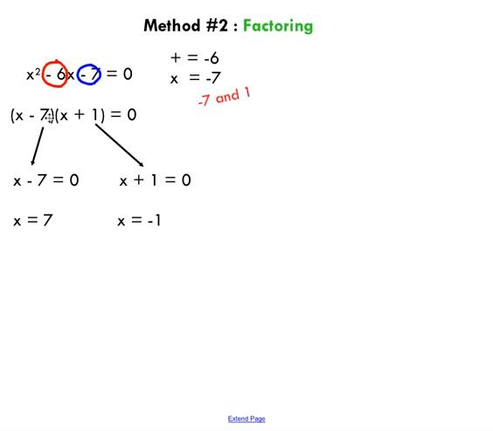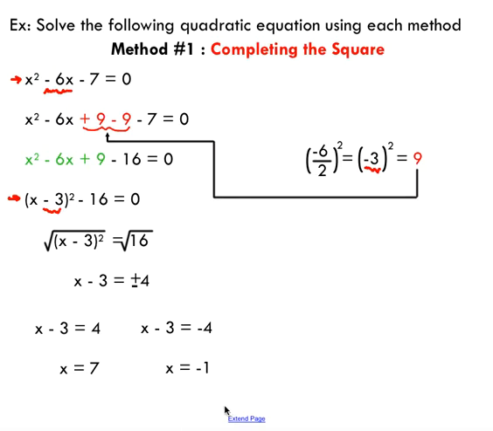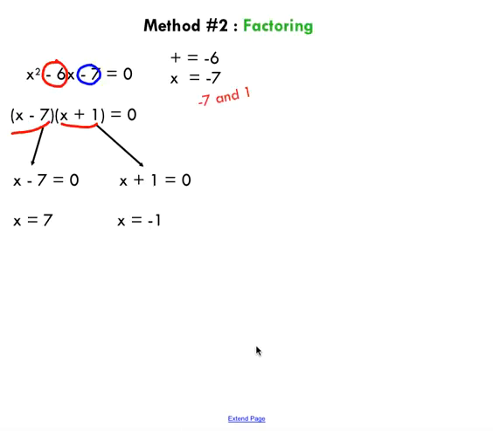So I'm going to take this piece here, this x minus 7, and I'm going to solve for it individually, and then I'm also going to solve for x in my x plus 1 binomial. Okay, and you can see that I end up with 7 and -1. Now comparing that to our solution from the previous method, you see that I get the same x-intercepts. That makes sense because we're solving the same problem, we're just using a different method.